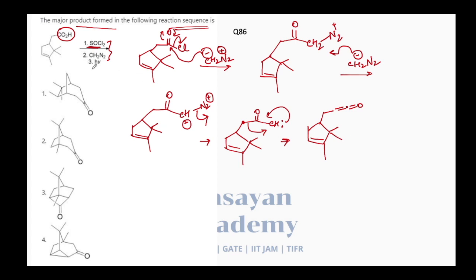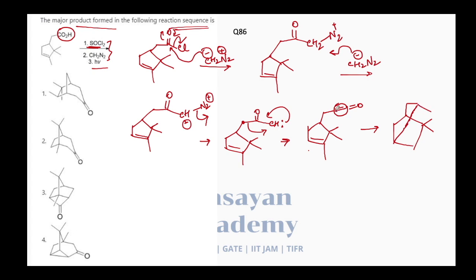And guys, since we are having light, we might try out 2 plus 2 cycloaddition. If we are doing the 2 plus 2 cycloaddition of the alkene over here and this alkene, what is going to be the product? The product is going to look something like this. Alright, so this was the double bond. Let's say this is the product.